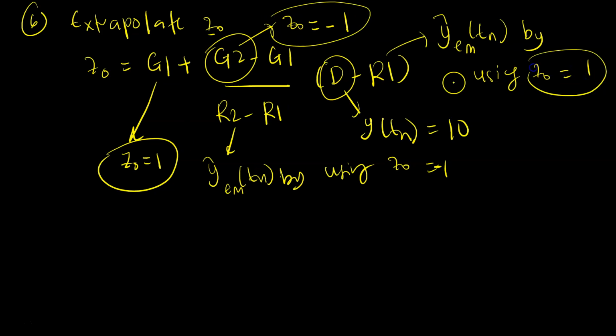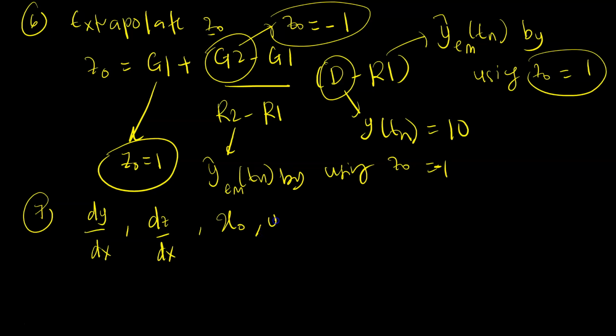Okay, this is how we can solve using the shooting method. But the class is not yet finished. Once you have the z0, at step number 7 you again need to solve your dy/dx and dz/dx, using your new x0, y0, and z0 that we extrapolate based on step 6.